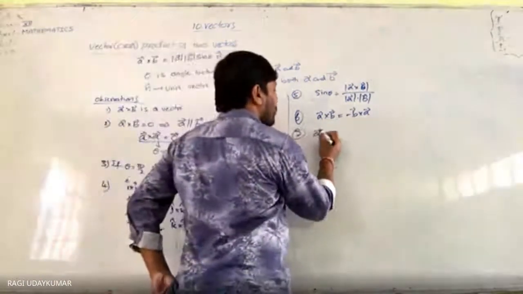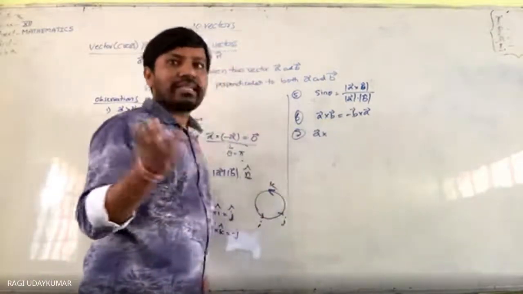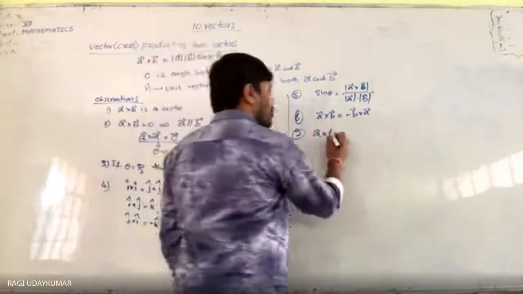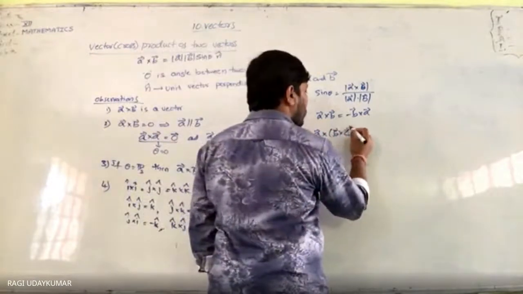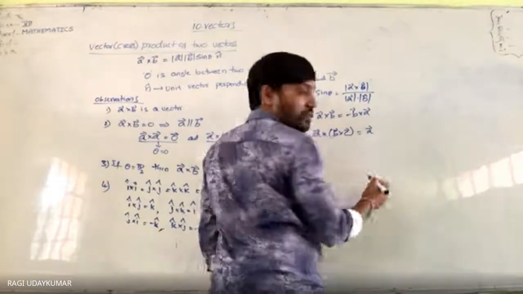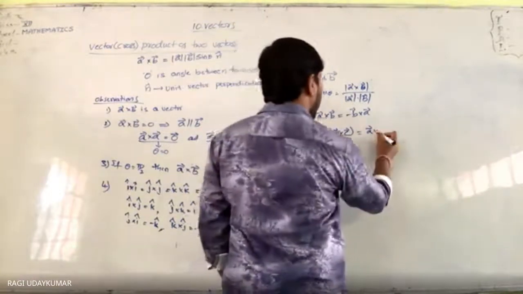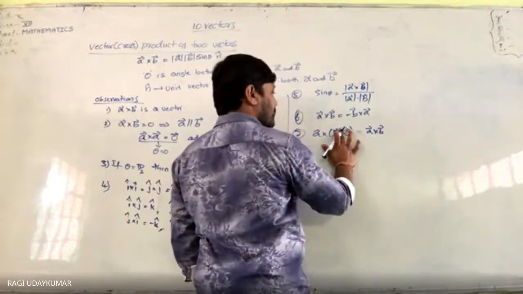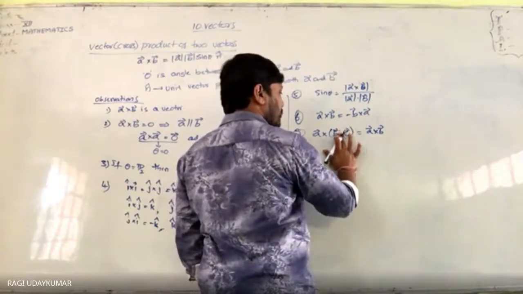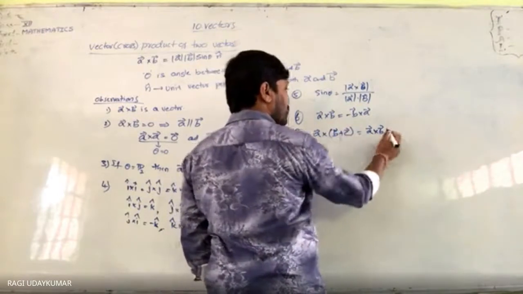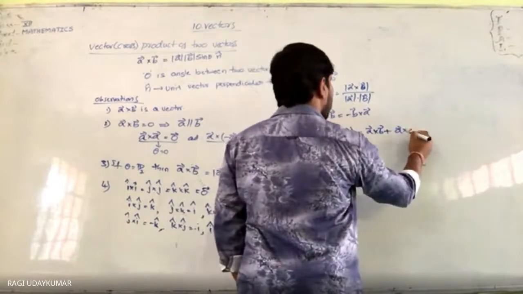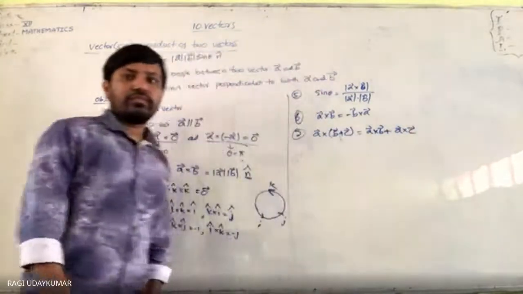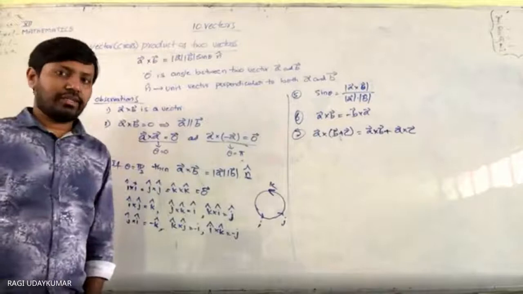So A bar cross the sum of two vectors, B bar plus C bar, is equal to A bar cross B bar plus A bar cross C bar. The cross product satisfies the distributive property.